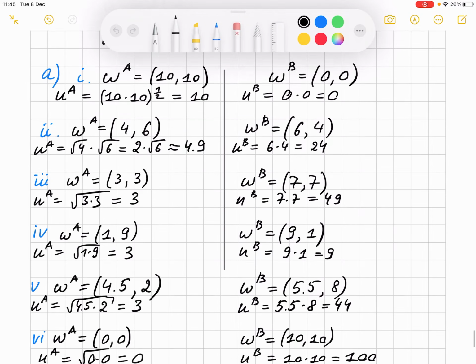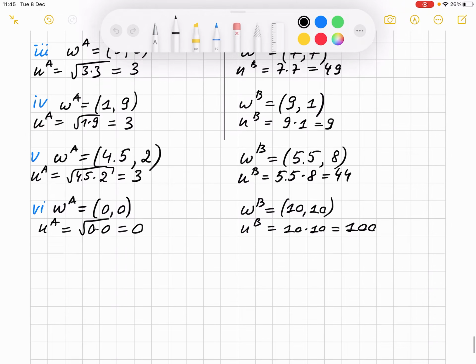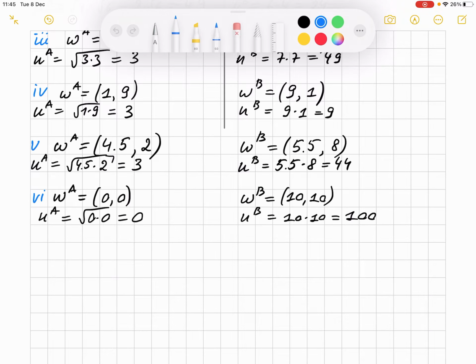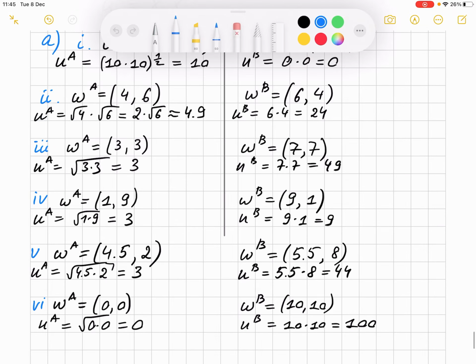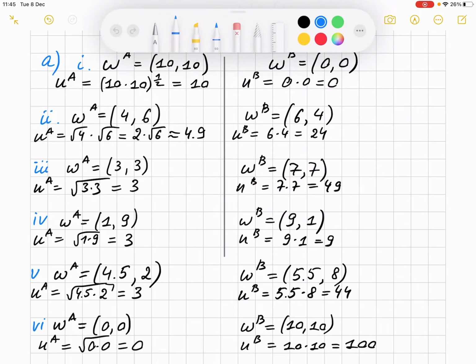So here we have solved A, and then we have question B. So question B, actually I will just write here where we solved. For question B we have to look if some of these allocations are Pareto dominated by others. You remember that Pareto efficient is when it's not possible to make someone better off without harming others.